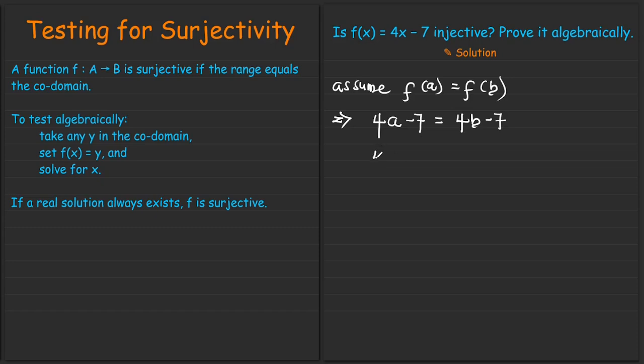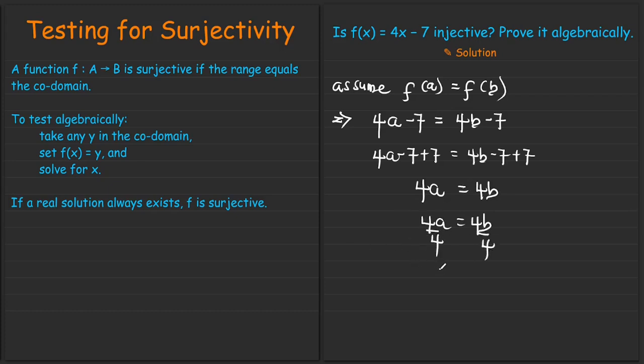So we should add 7 to both sides. You see, if you are able to add 7 to both sides, it eliminates the negative 7. So I'll be left with 4a equals 4b. So if 4a is equal to 4b, then all we need to do is to divide both sides by 4.